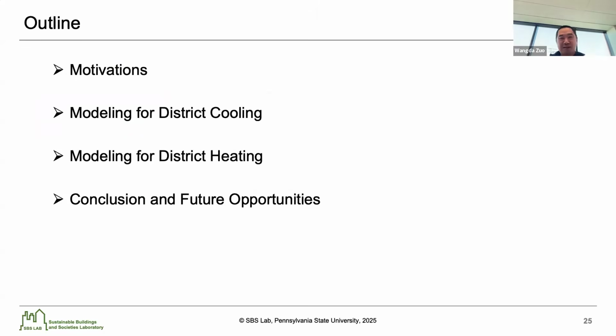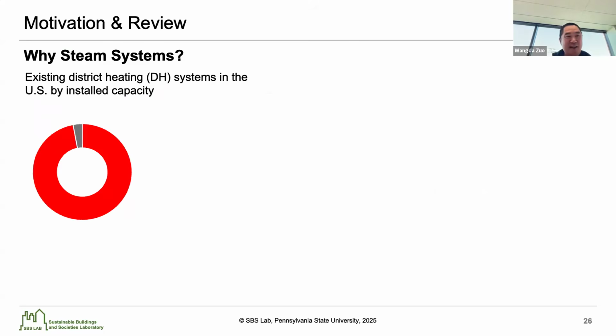Okay, so let's switch gears to district heating. Why do we talk about district heat, especially steam systems? It sounds really old, right? But if you look at what happens in the US, more than 90% of our district heating systems are still steam-based.